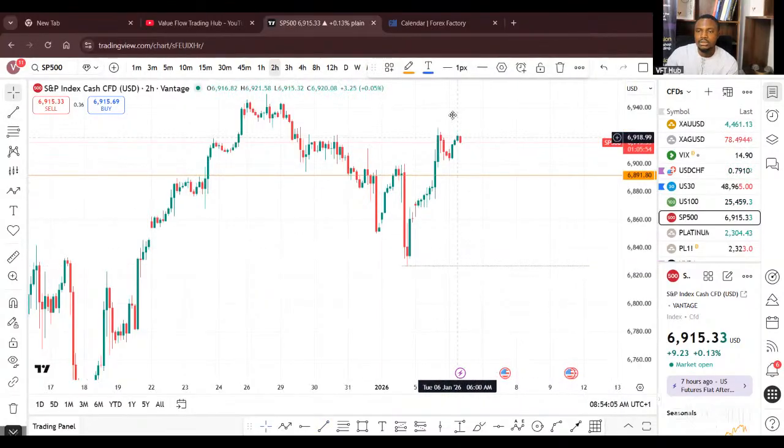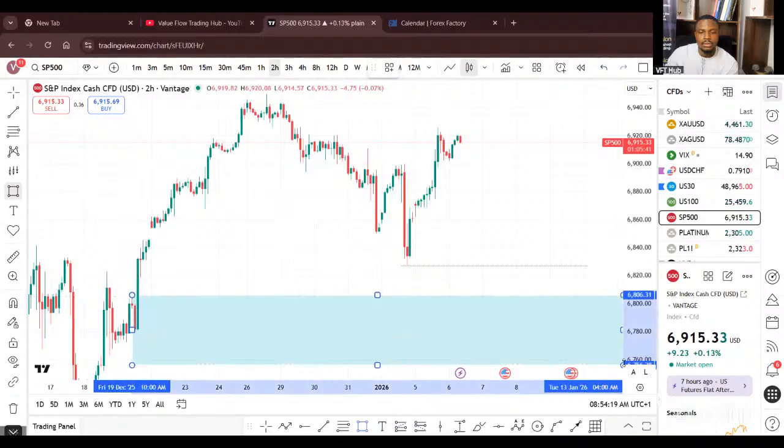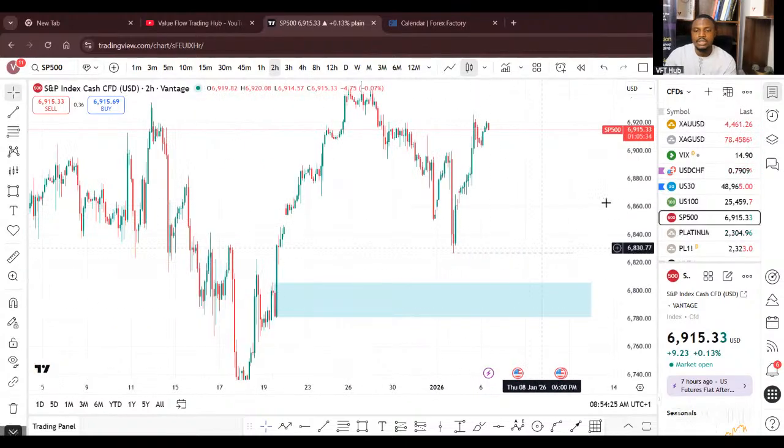Mark this entire zone. If I want to take any trade now, I want to take it from here.